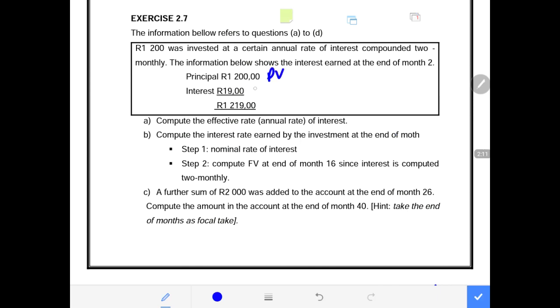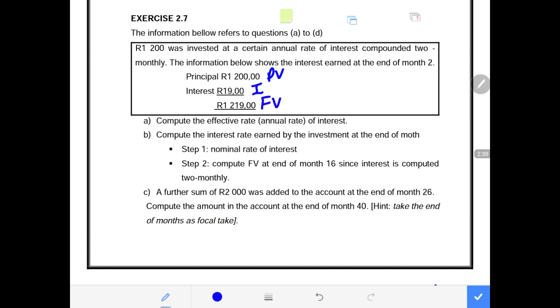We are given the interest, which is the bigger I, when we deal with simple interest, and also the bigger I when we deal with compound interest, or the present value or future value of an annuity. We still acknowledge the interest amount as the bigger I.